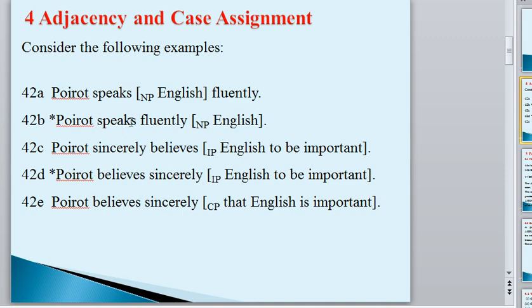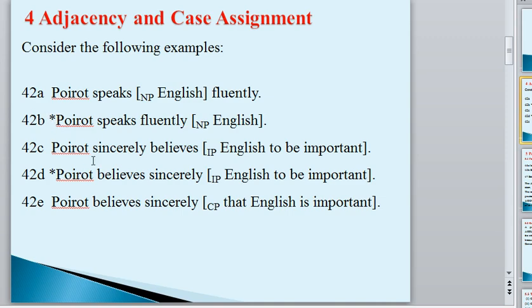This is the case assigner verb, and this is the NP, which should have case, but fluently is between these two parts. So you should see here there is no adjacency between the case assigner and the NP. So this sentence is ungrammatical.